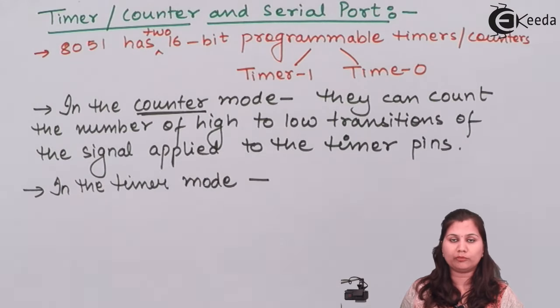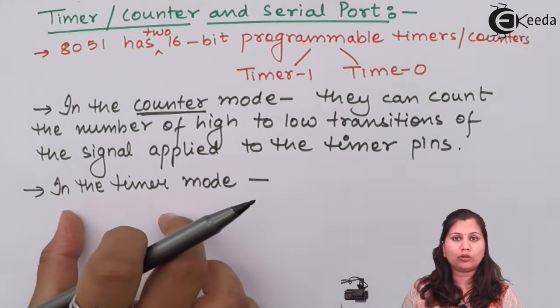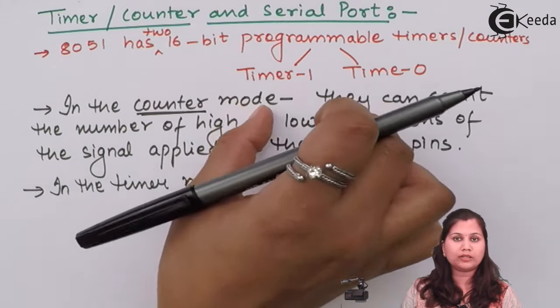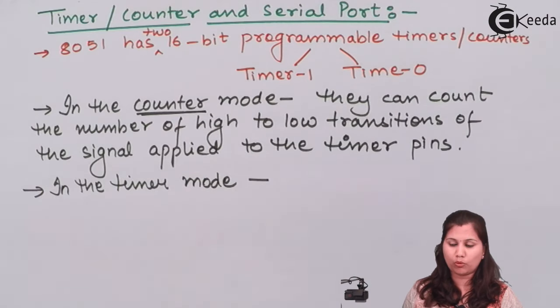There are four different modes: mode 0, mode 1, mode 2 and mode 3. In the timer mode, these timers can be programmed to operate in the different modes of operation. They can also act as serial ports, for serial communication, for receiving and transmitting data. So in the timer mode, we can program these two timers to work in the different modes.